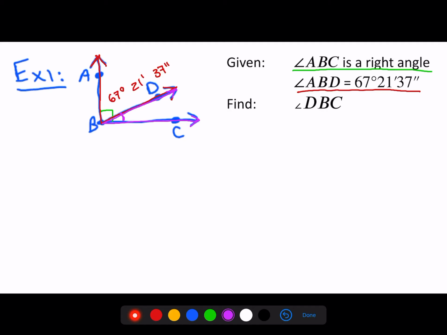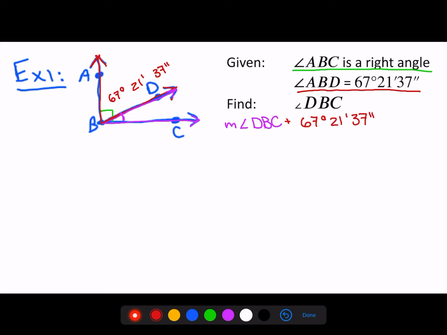So, to do that, we can go ahead and use something that we learned yesterday. We learned about the segment addition postulate yesterday. The segment addition postulate also works with angles. So, I know that we have 90 degrees here, so I can say the measure of angle DBC plus 67 degrees, 21 minutes, and 37 seconds.